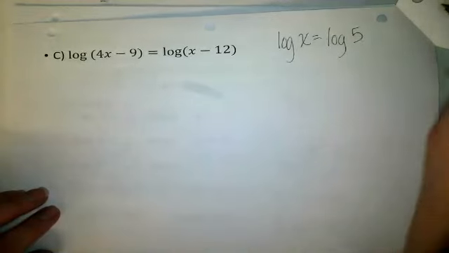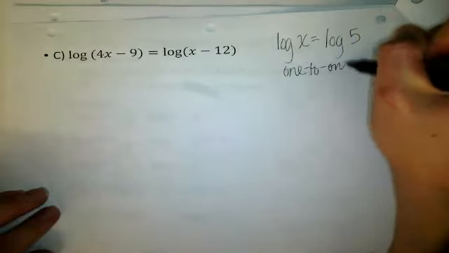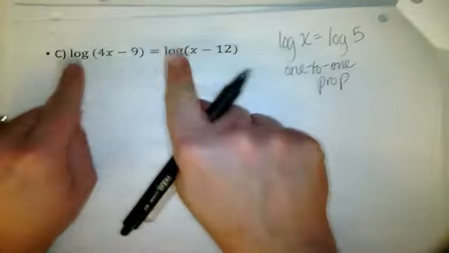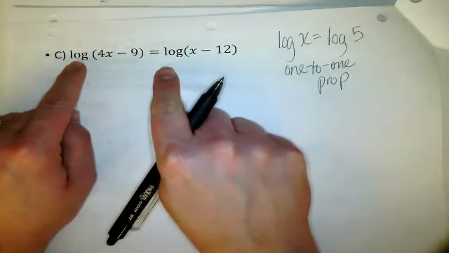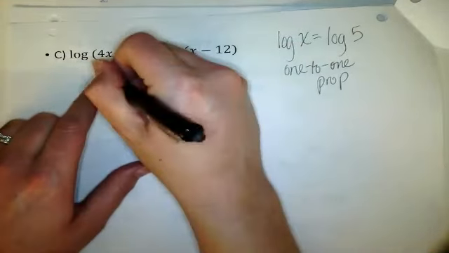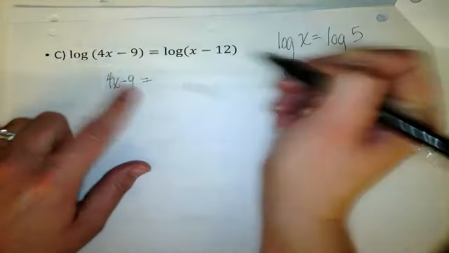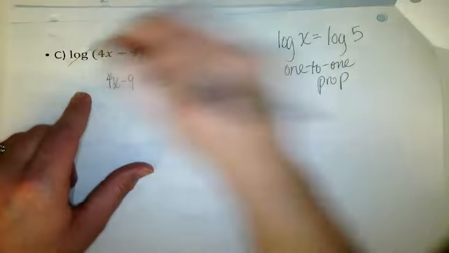This is the one-to-one property, okay? Since we have logs on both sides, if those match, what must be true? The arguments must match as well. So 4x minus 9 is equal to x minus 12 because the logs match.